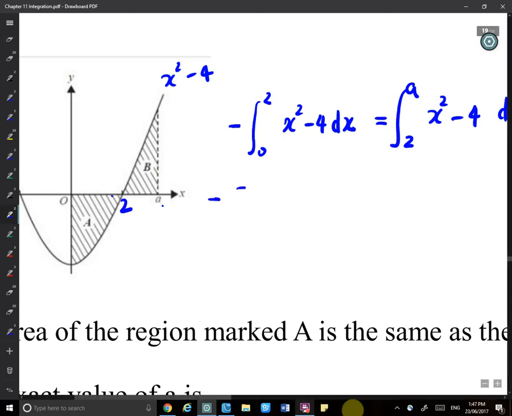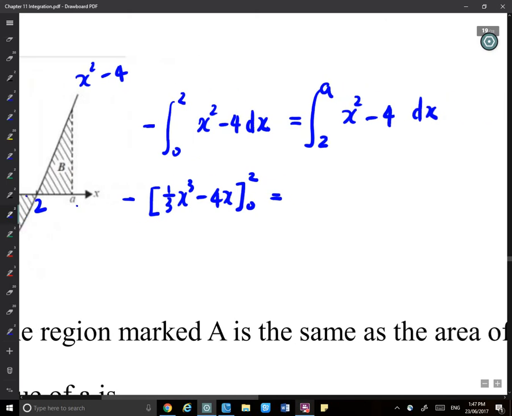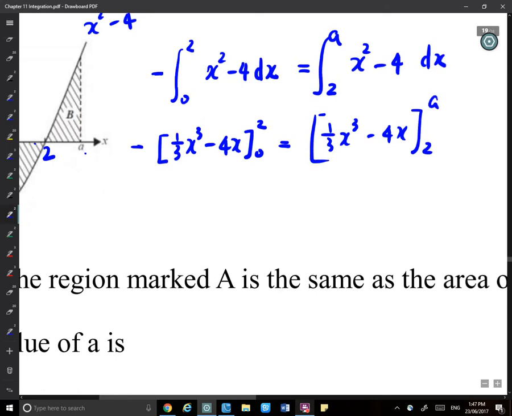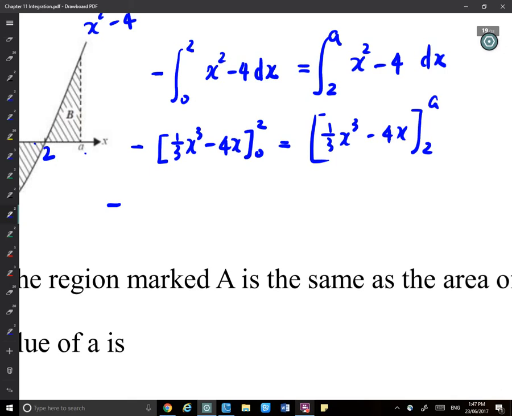So I have minus a third x cubed minus 4x from 0 to 2 equals a third x cubed minus 4x, you sub 2 to a. Be very careful, there's a negative in the front, which is negative the whole thing.